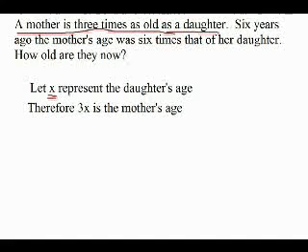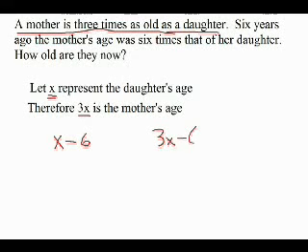Well, what would we have to do to that to calculate her age 6 years ago? We'd have to subtract 6 from her age. So her age right now is x, which means her age 6 years ago is x minus 6. Similarly, the mother's age right now is 3 times x. Her age 6 years ago, if we wanted to calculate that, we would have to subtract 6 from her age. So her age 6 years ago is 3x minus 6.